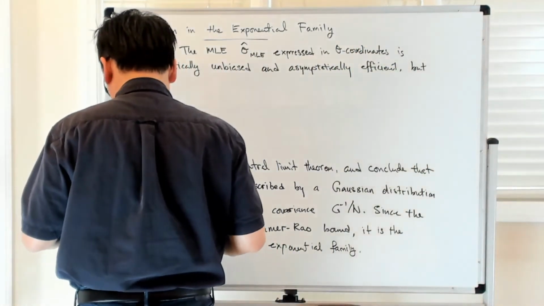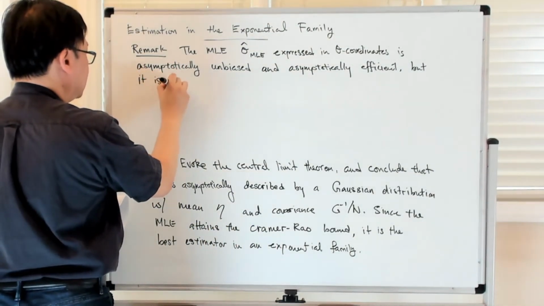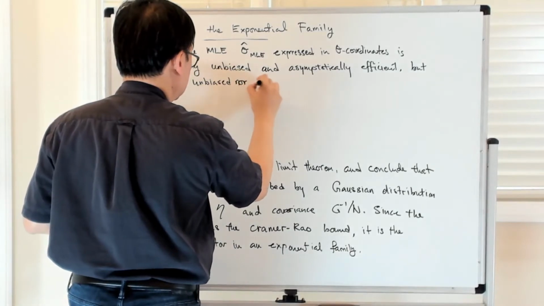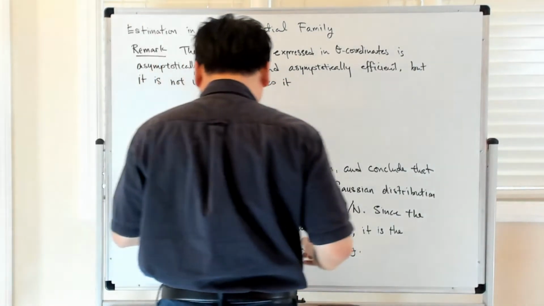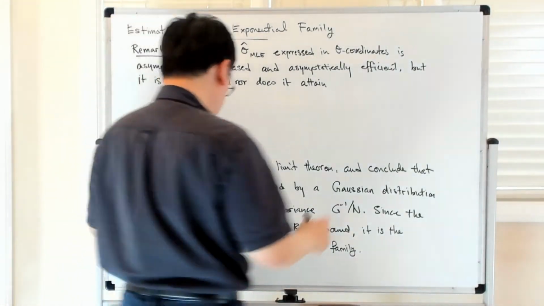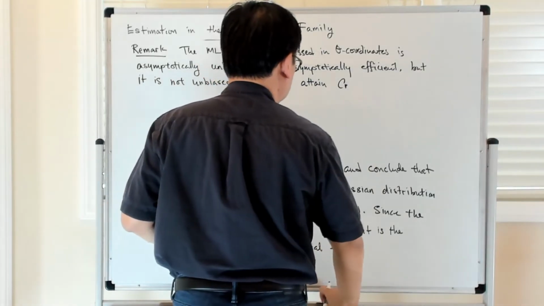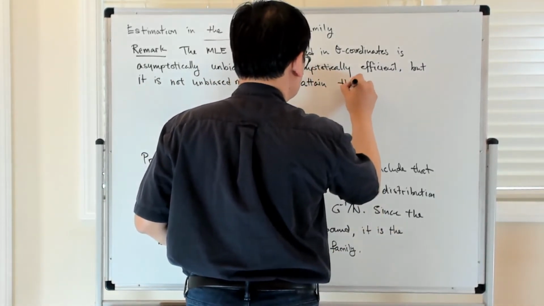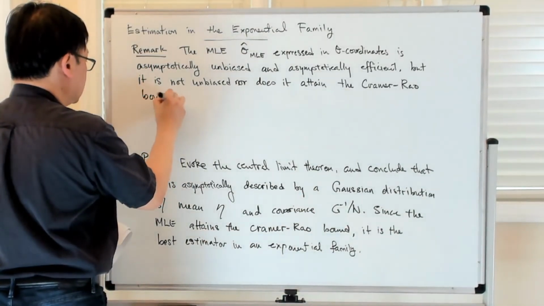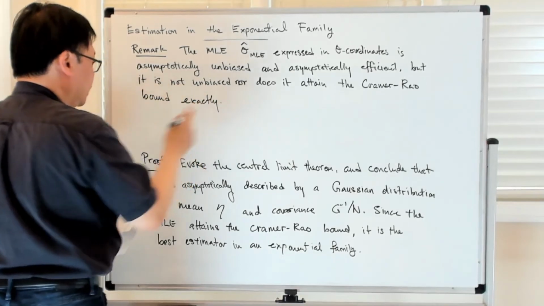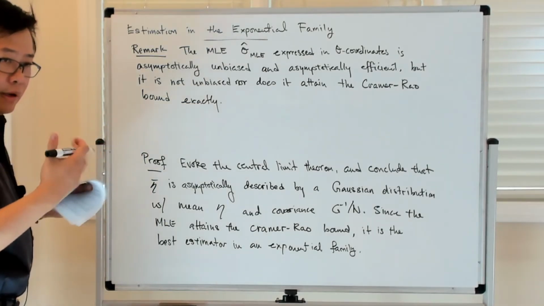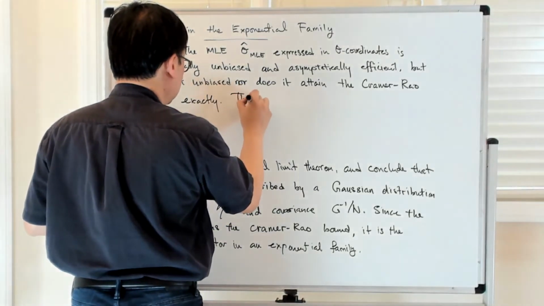But it is not unbiased, nor does it attain the Cramer-Rao bound exactly. The reason basically is that the bias and the covariance matrix are coordinate dependent.